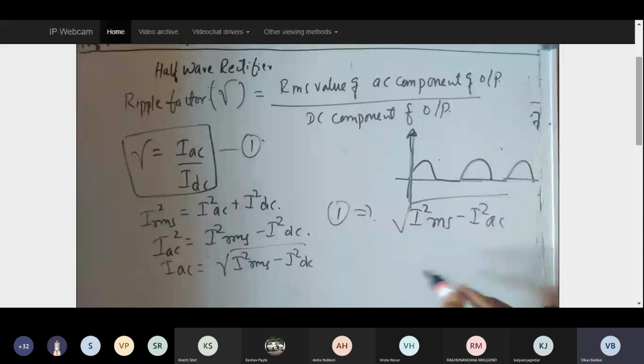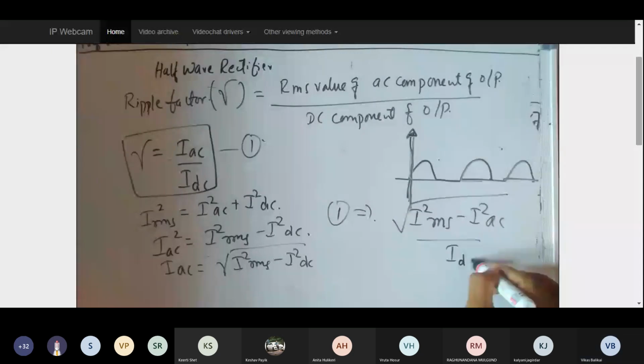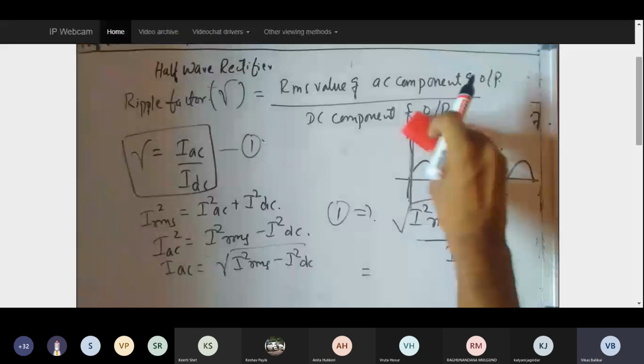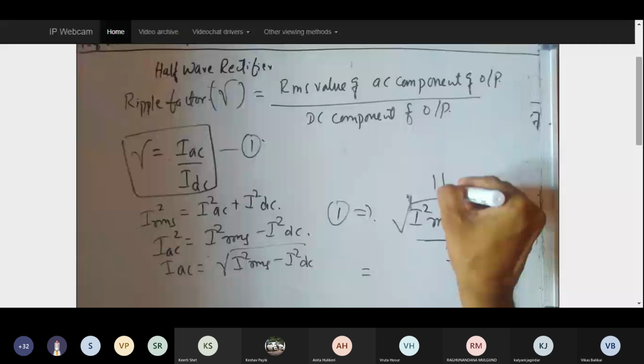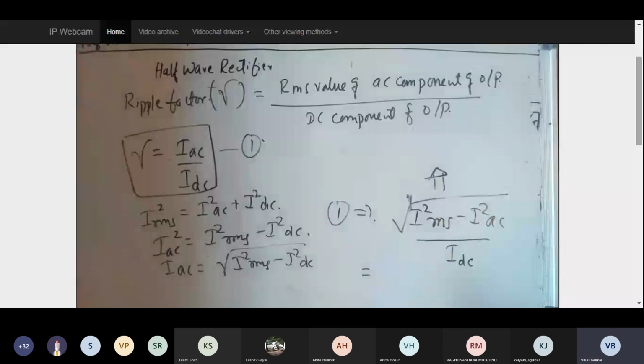Now if I do this simplification, let me square it and take it under the root. That will fetch me a value of I square RMS minus I square DC, whole divided by I square DC, everything under root.